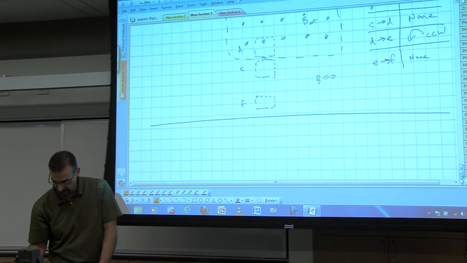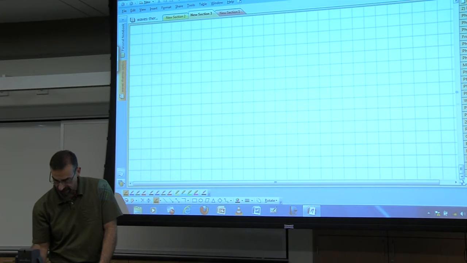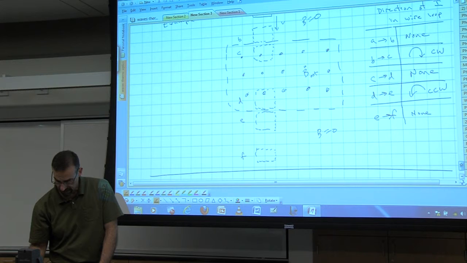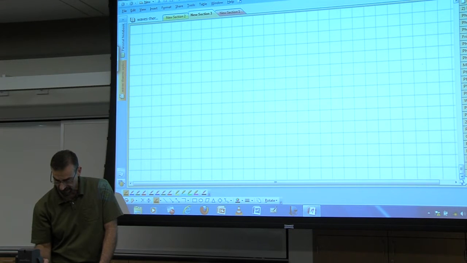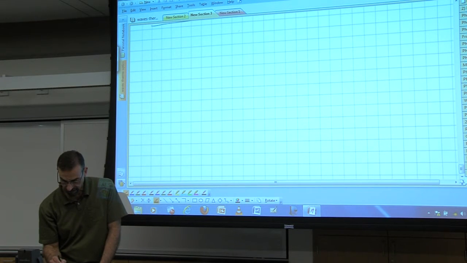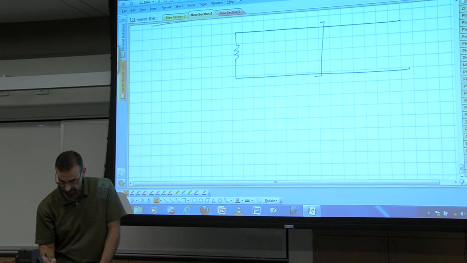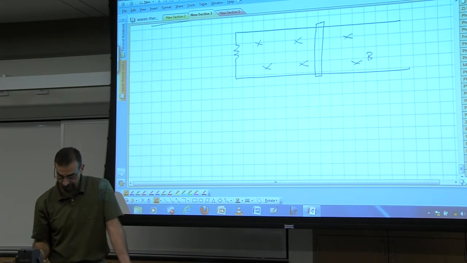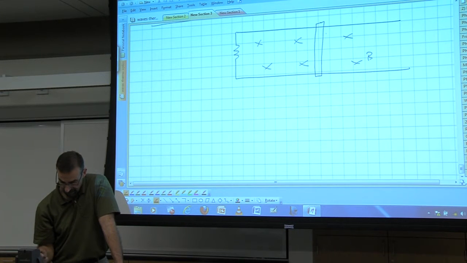Okay, let me go back to our, we use this a lot, the rails. The bar, external magnetic field. And what we're going to do is move the bar, doesn't matter, to the right.